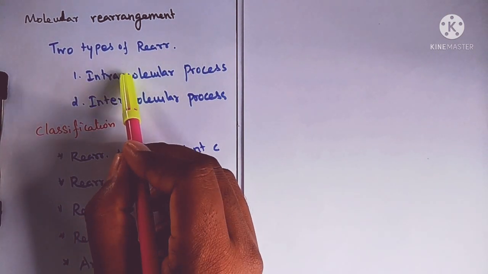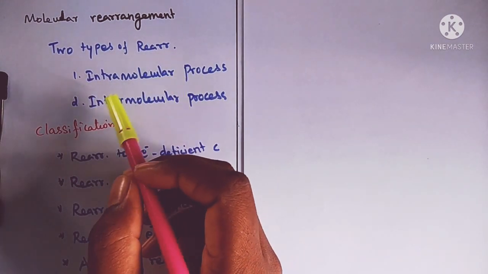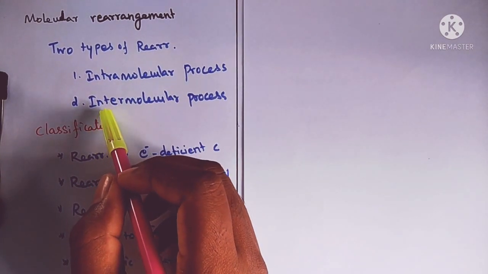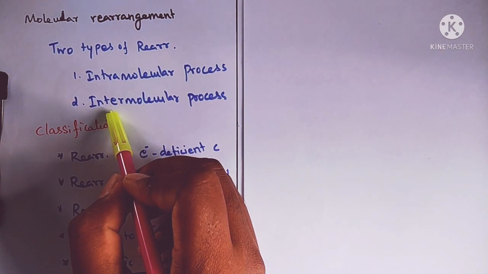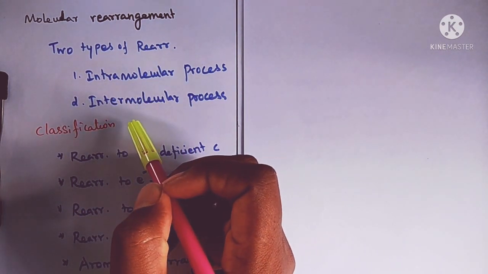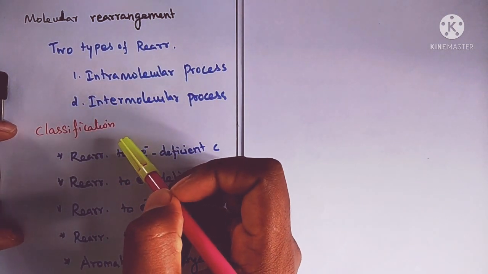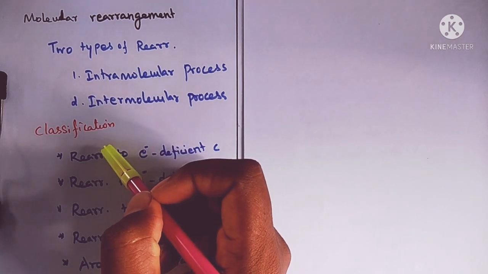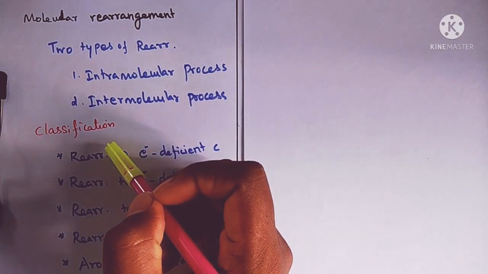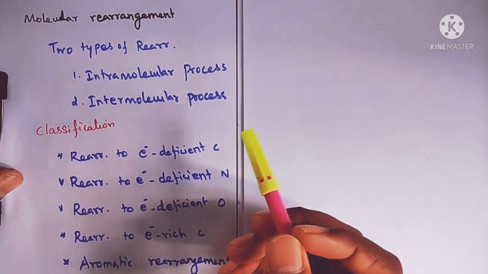In the intramolecular process, the migrating group does not become completely detached from the system, whereas in the intermolecular process, the migrating group is first detached and later reattached to another site. Basically, this is an elimination-addition reaction. Rearrangement reactions are classified according to the nature of the group which migrates.